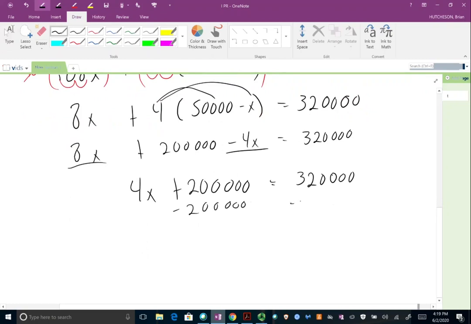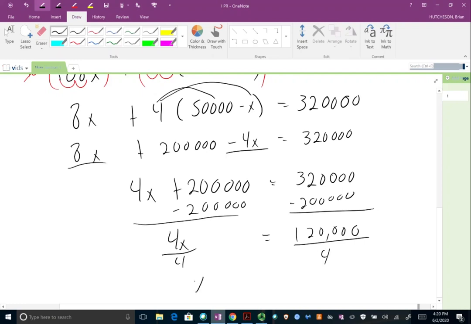Opposite of addition is subtraction. This leaves me with 4x is equal to 120,000. Divide by 4, and I get x is equal to 30,000, which comes out to $30,000.